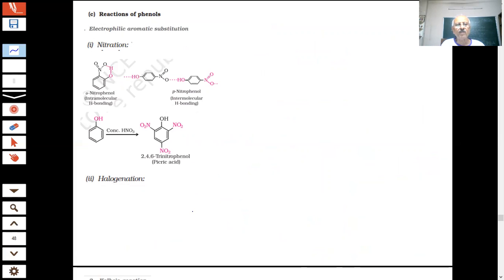Now we are going to come to the reactions of phenols, students. Now, when I say reactions of phenols, student, what is a phenol? You have OH. This is our phenol.